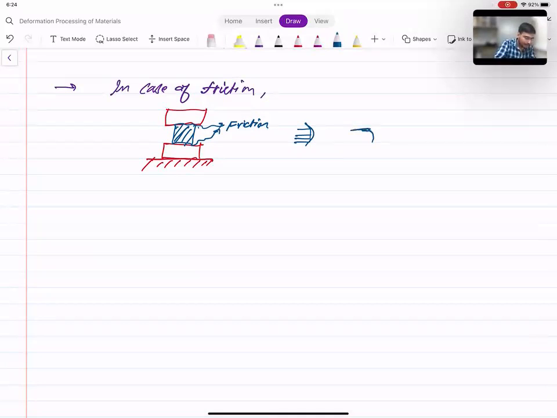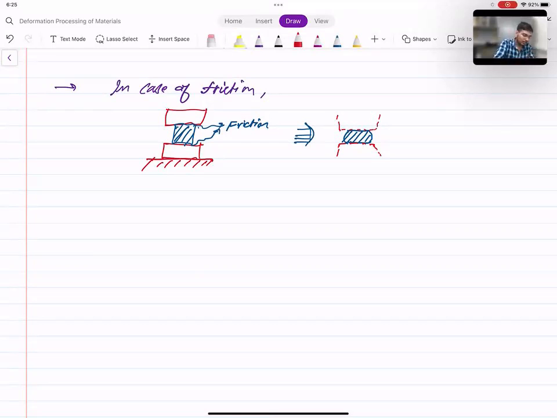A barrel type shape will be formed here like this. This becomes our workpiece now. Let me draw the dies to make it easy to visualize. So due to friction, the barreling effect is observed.